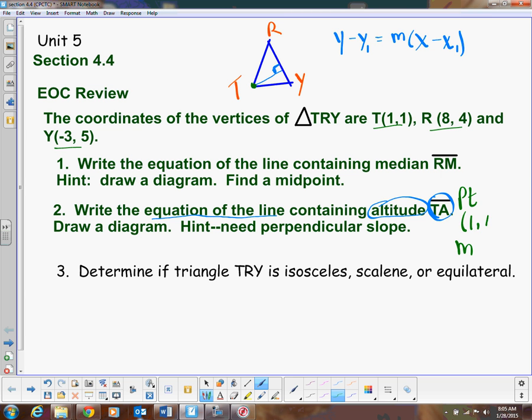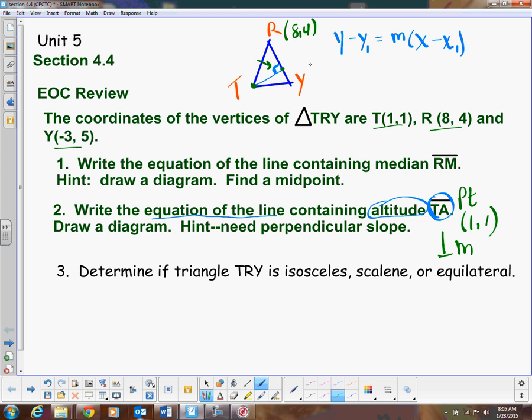So you've got the point 1, 1. All right, next. Okay. Next, you need slope. What is this relationship? Perpendicular. So you actually need a perpendicular slope. What do you know about perpendicular slopes? Opposite, reciprocal. All right. So you don't know this ordered pair, do you? No. You know R to be 8, 4.